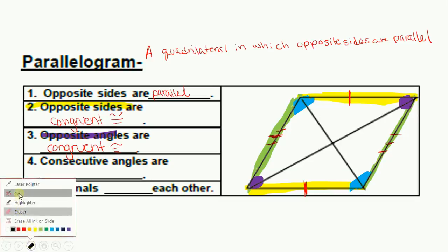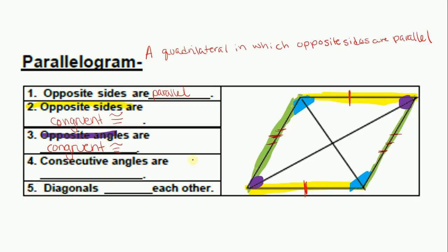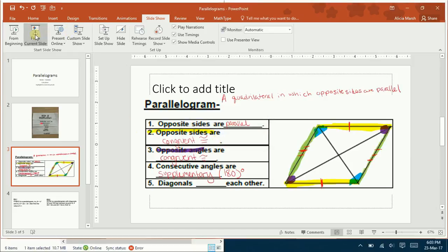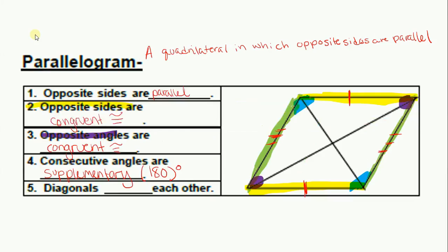Consecutive angles. So angles on these sides, so this blue and the purple, they are supplementary. So that means, guys, that they add up to 180 degrees.